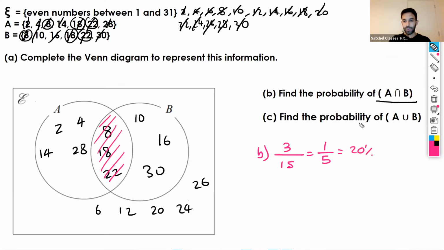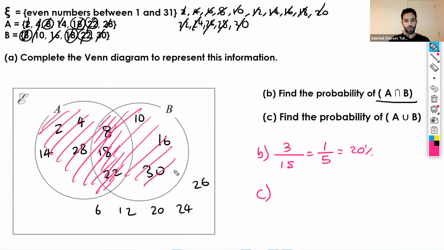And for C, it says find the probability that a number is from the region A union B. So that's A or B, or the union of A and B. So for the union of A and B, that's going to be all of A or all of B. Now again, we have 15 possible numbers that could be selected.